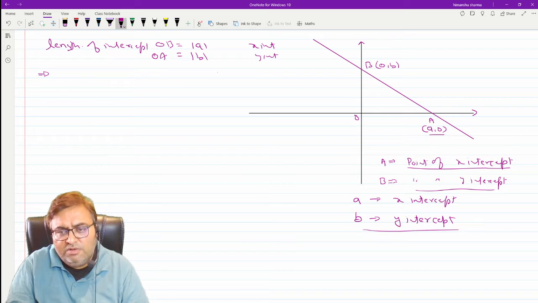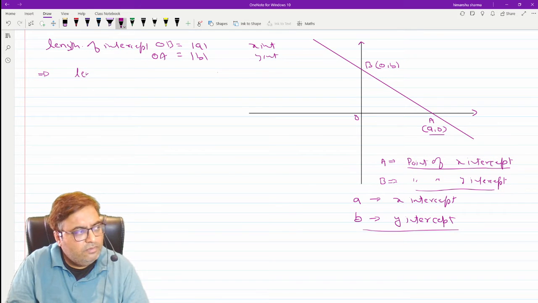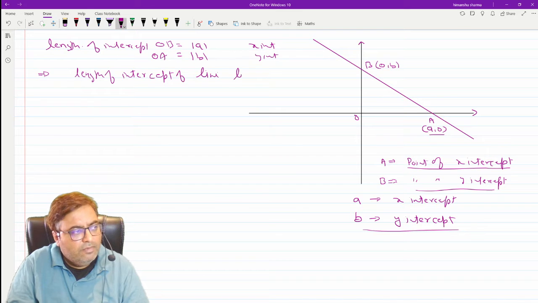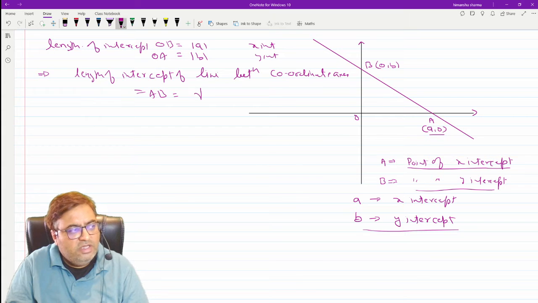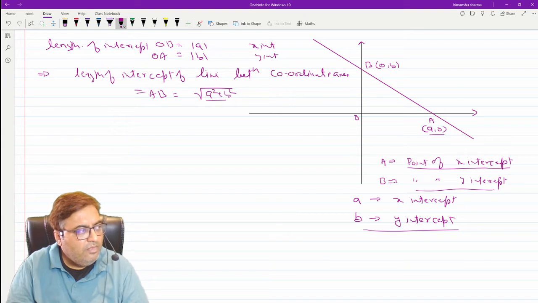Number 1, the length of the intercept of the line between the coordinate axes, that means the length AB. So the length AB will be what? Under root of a square plus b square. Simple Pythagoras.